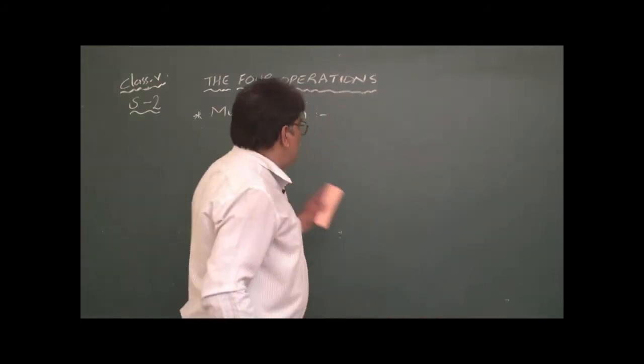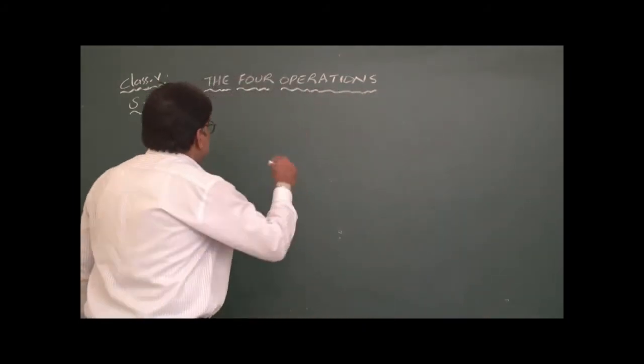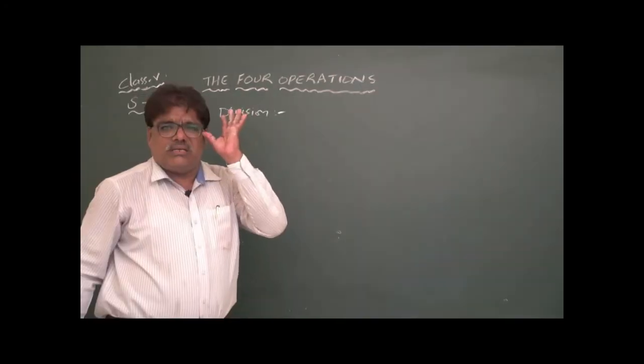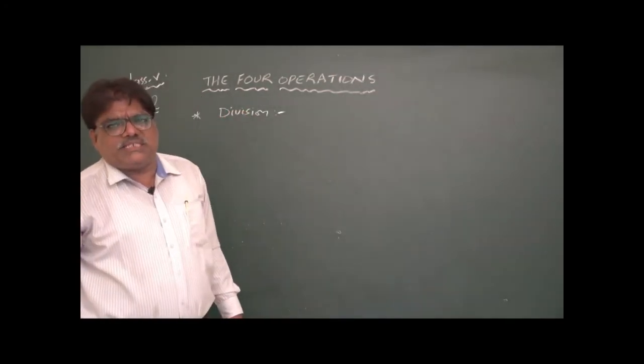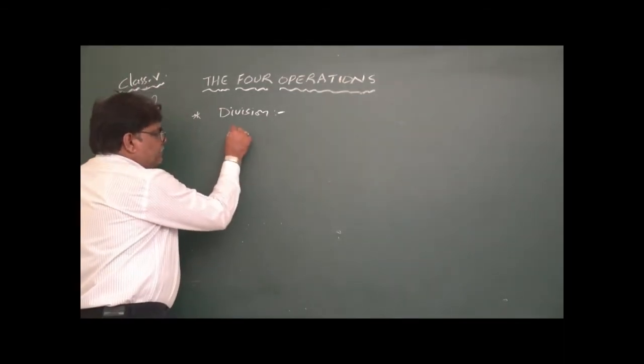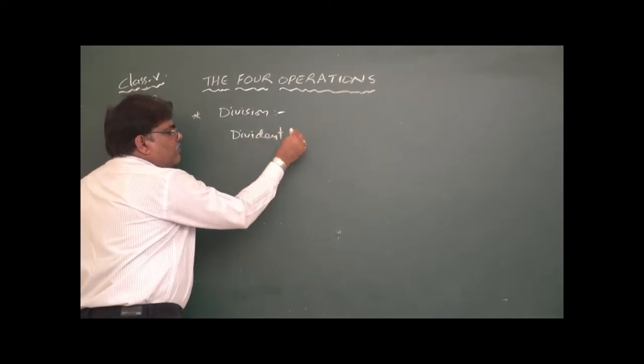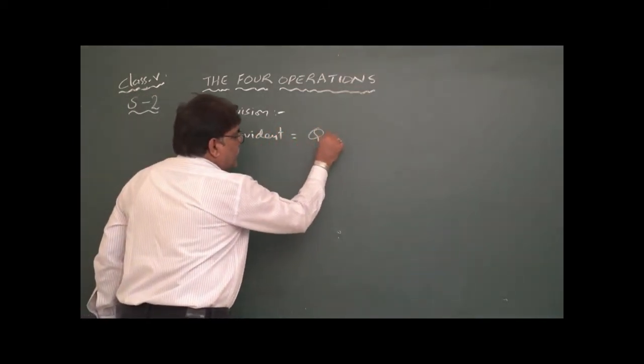What is the division rule? Do you have an idea? In the previous class we did the division rule. In this division rule, generally that is called the dividend. Dividend equal to quotient.